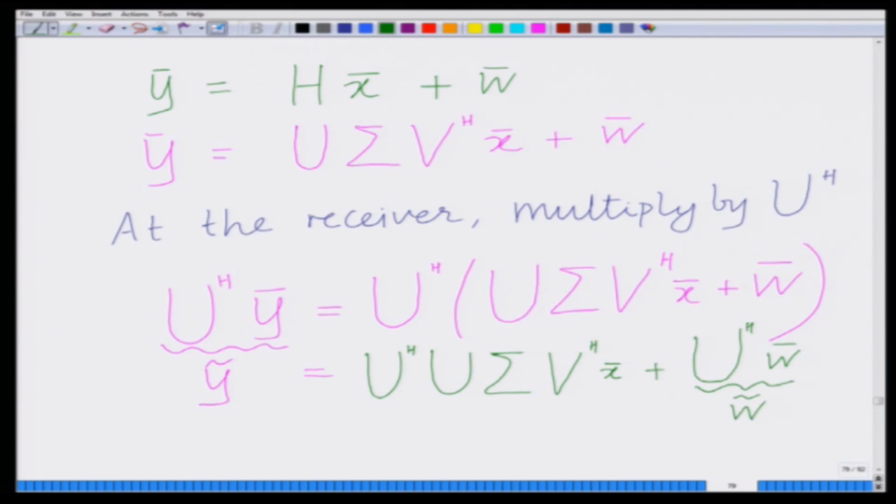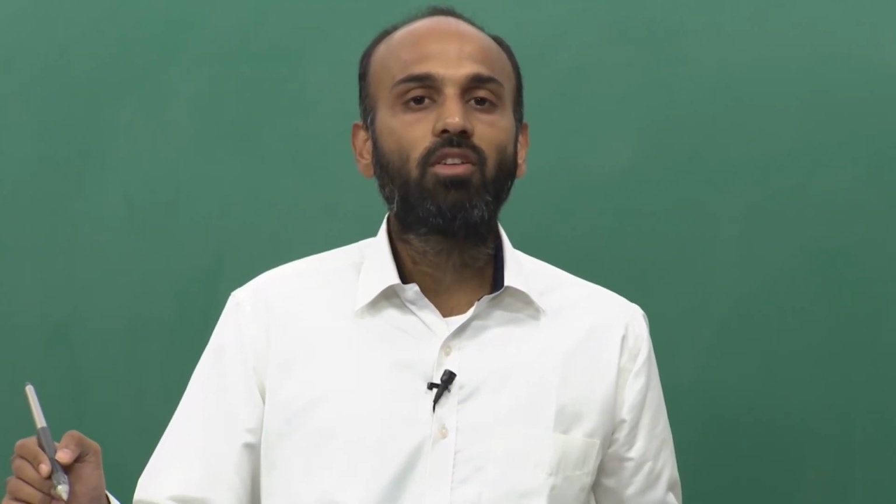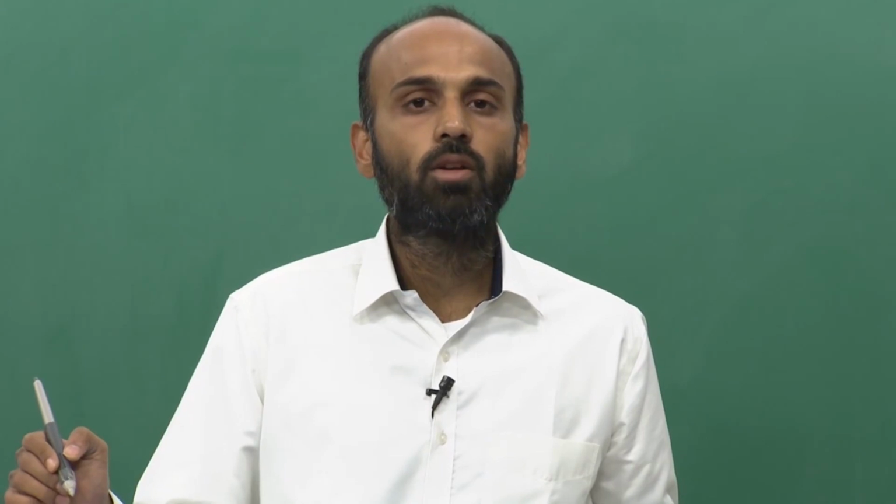Now, you see I have U Hermitian U is identity, therefore, this reduces to y tilde equals sigma V Hermitian x bar plus W tilde. So, once you multiply at the receiver by this matrix U Hermitian, I have U Hermitian y bar, which we denote by y tilde.